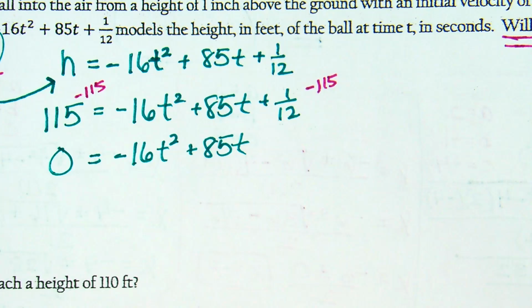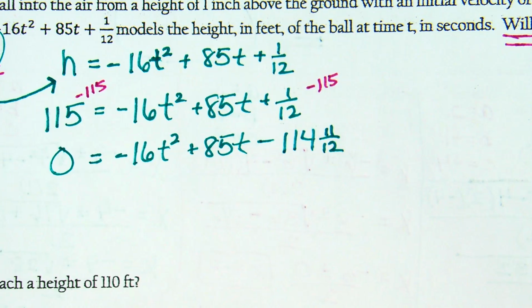Now, are we using the whole quadratic formula? No, we're just using the discriminant. B squared minus 4AC.